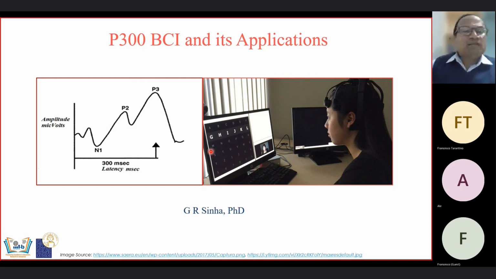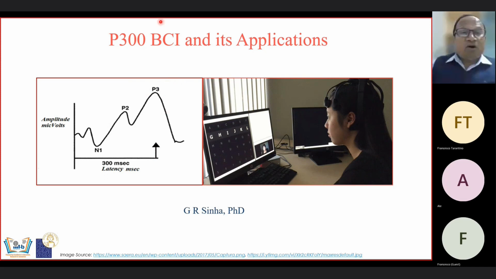That reaction, the moment you saw the stimulus, in this example, the letter. Suppose a person sitting here is seeing these letters, and just after seeing these letters, this particular potential is generated. So this is the time called latency time. From the beginning, the letters were seen by the candidate, the human, and then after 300 milliseconds, her reaction or response was recorded as P3.